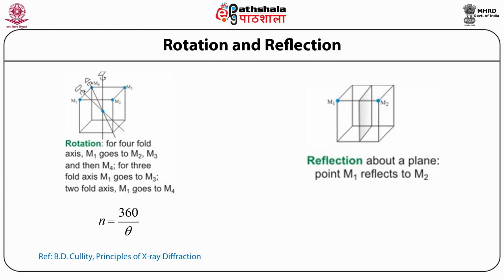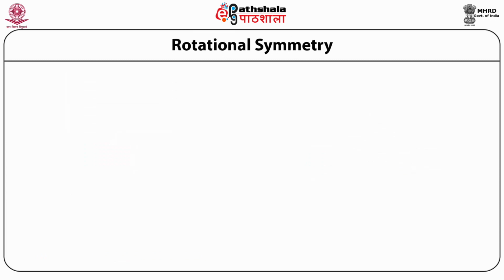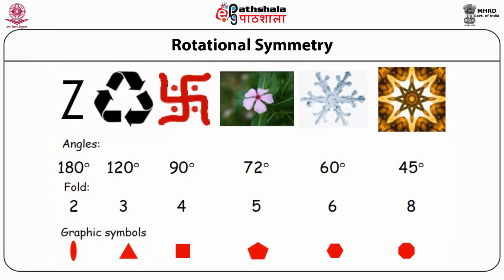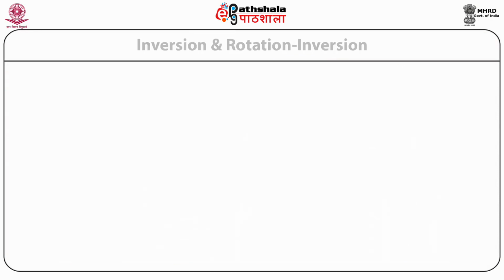That is, if there is a mirror plane such that one half coincides with the other half as a mirror reflection. These are some examples of rotational symmetry along with the symbols which are generally used to depict the type of rotational symmetry element.